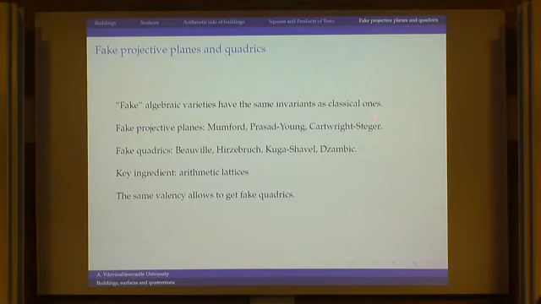Who did it? Cartwright and Steger, but again, they have very complicated programs which no one rechecked. So it's not clear how many exactly, but at least there is an algorithm to find all of them.